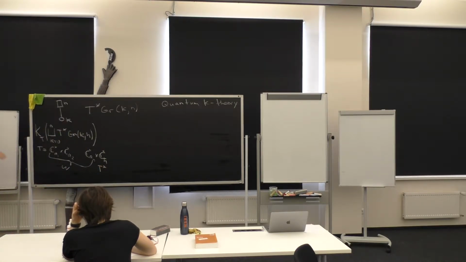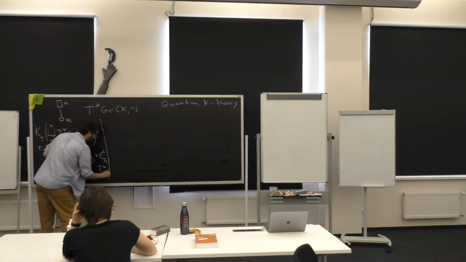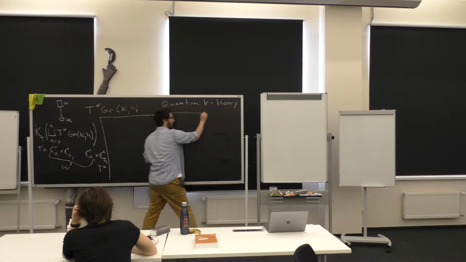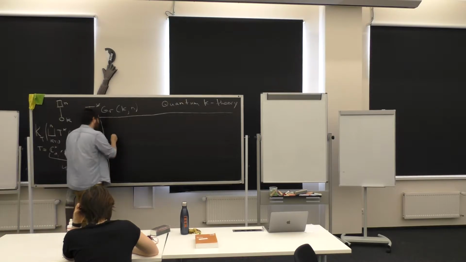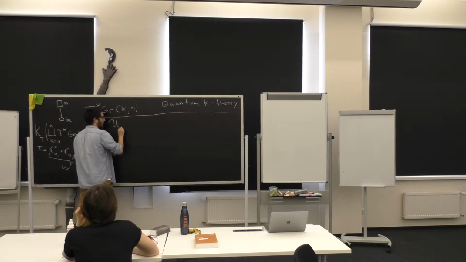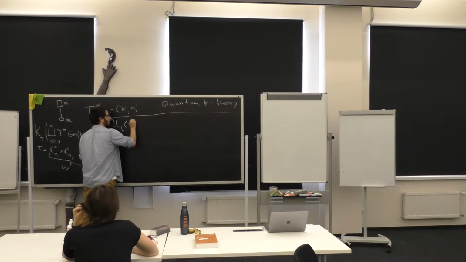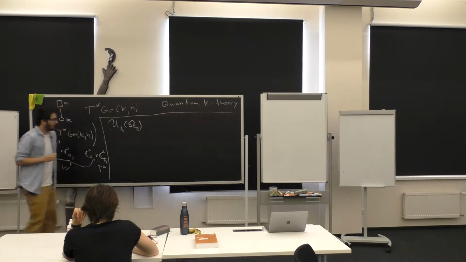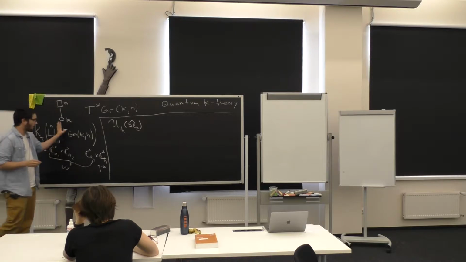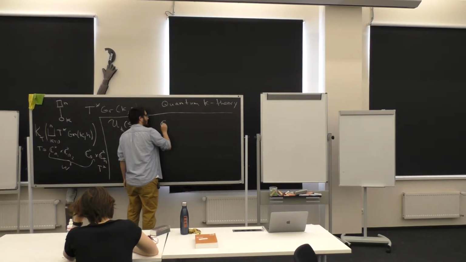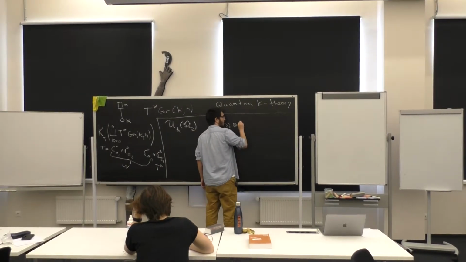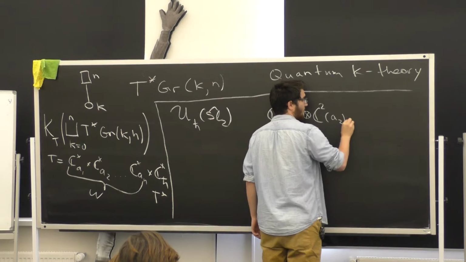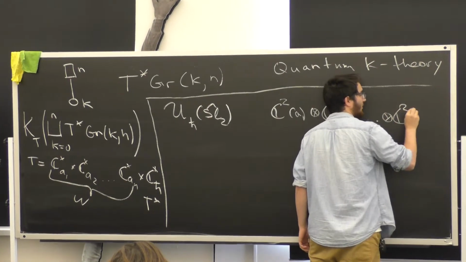Even though this was already said today, I like to do this again. So this is identified with the representation of the quantum affine algebra U h bar sl2, and the representation here is going to be C squared of a1 tensor with C squared of a2, etc., tensored with C squared of an.